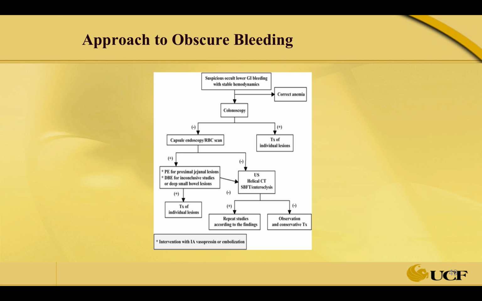If the ultrasound or helical CT is used to further study this obscure bleeding, depending on the result, whether positive or negative, it will determine our intervention. If it's positive, we may repeat studies according to the findings, and if it's still negative, we can continue observation and conservative treatment of the patients.